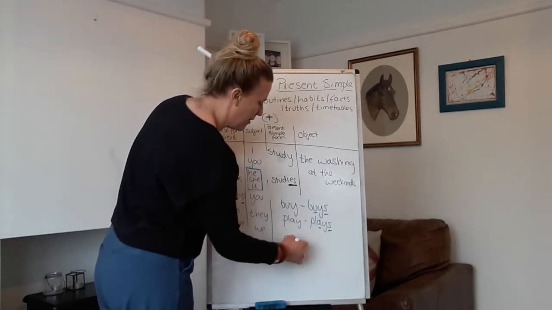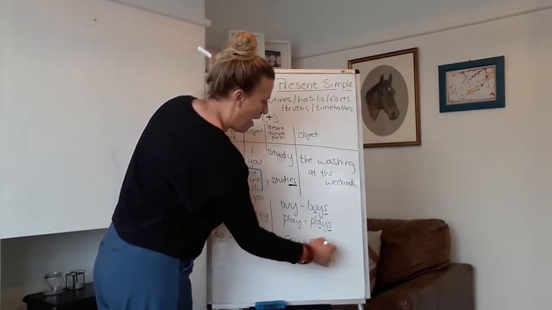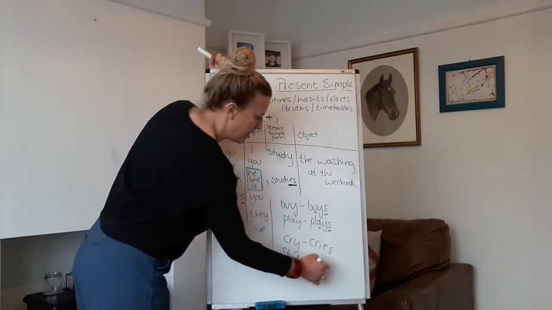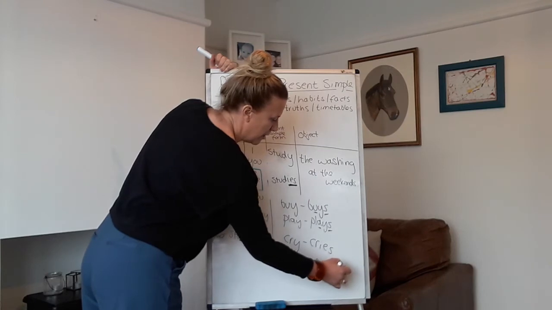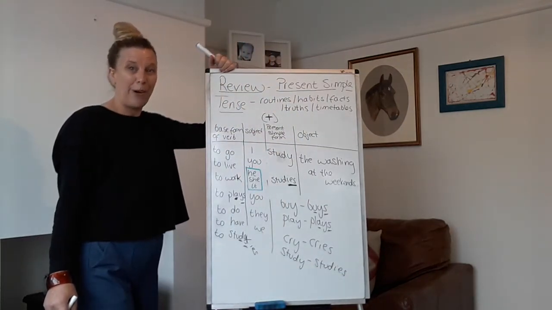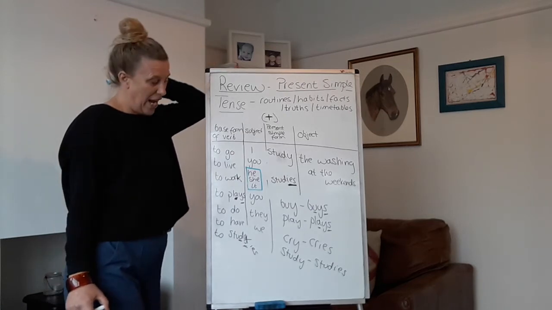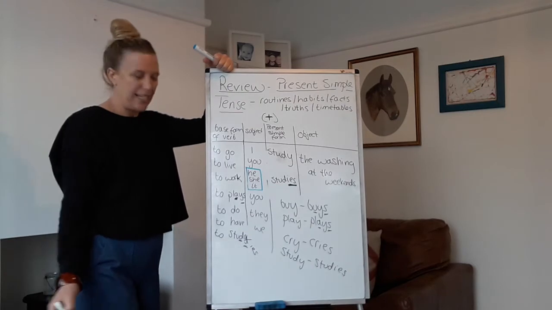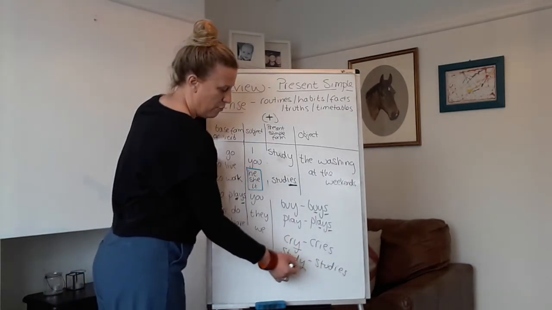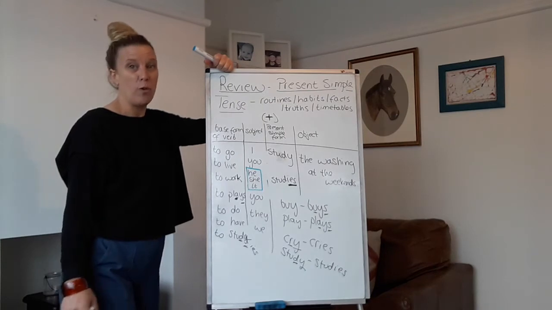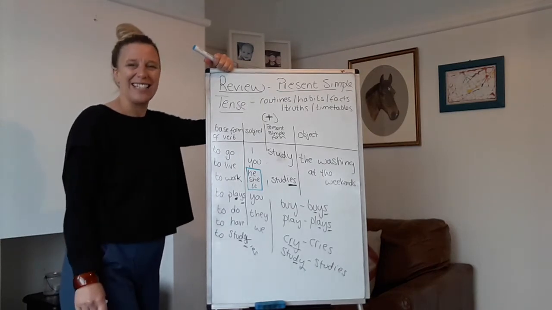So cry becomes cries. Study becomes studies. Okay? That's a rule worth remembering. So when we change these verbs to the present simple form with he, she, it, if there's a y with a consonant, b, c, d, those ones, then we remove the y and put i-e-s.